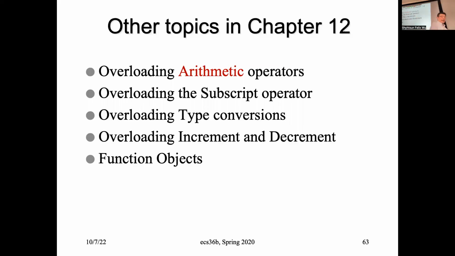So we're essentially done with chapter 12. I covered only the relational operator, constructor, and destructor, and there are other types of operators you can overload as well. For example, you can overload plus, minus, those kinds of unusual ones. What do you mean by plus a box with a ball, for example, two different objects? What do you mean by plus one person with another person?